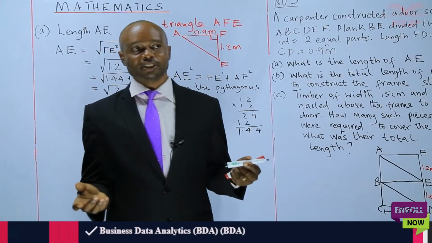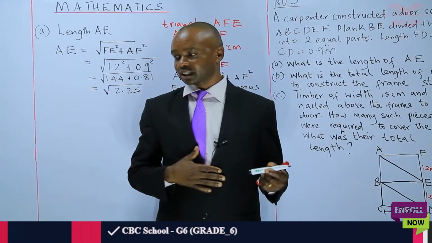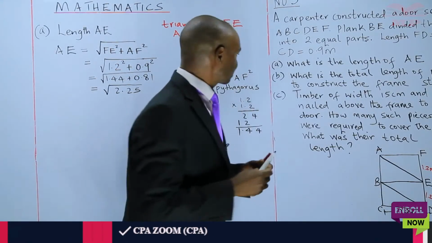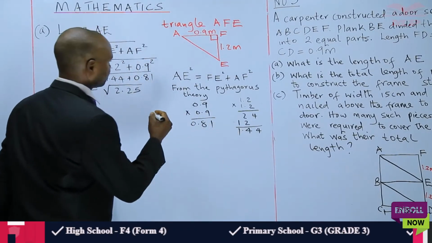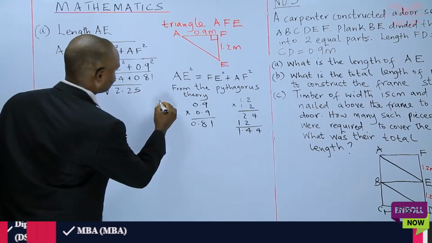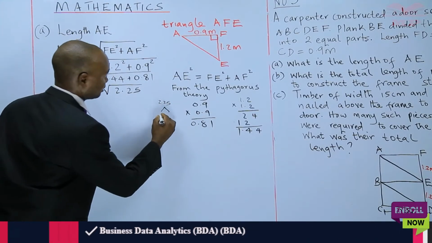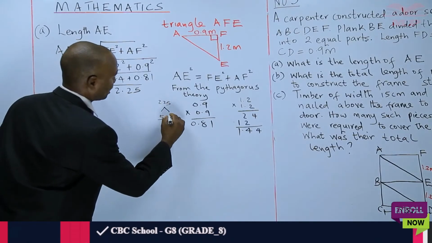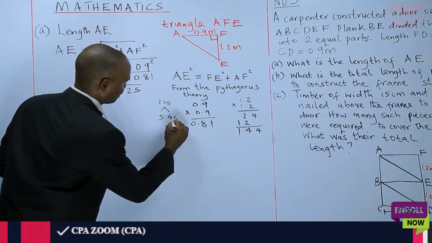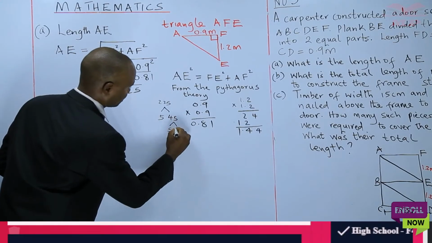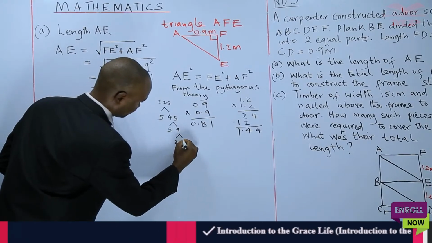There are many ways in which you were told in the earlier classes how to get that. You can factorize to get there. So you can come and have 225. You factorize. 5 goes there, 45. 5 goes there, 9. And this is 3.